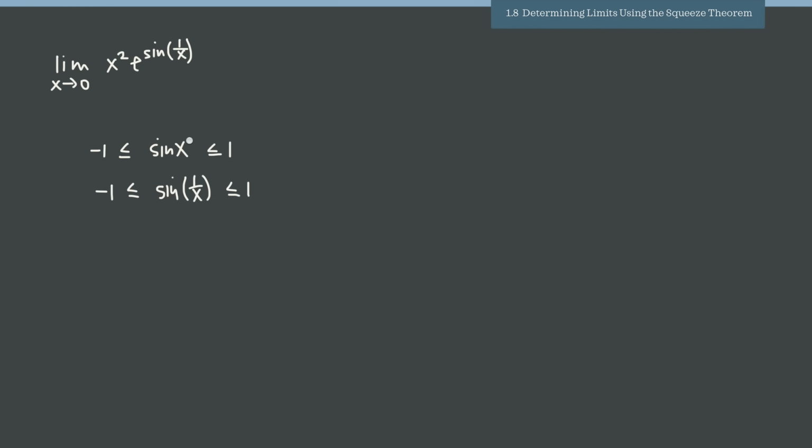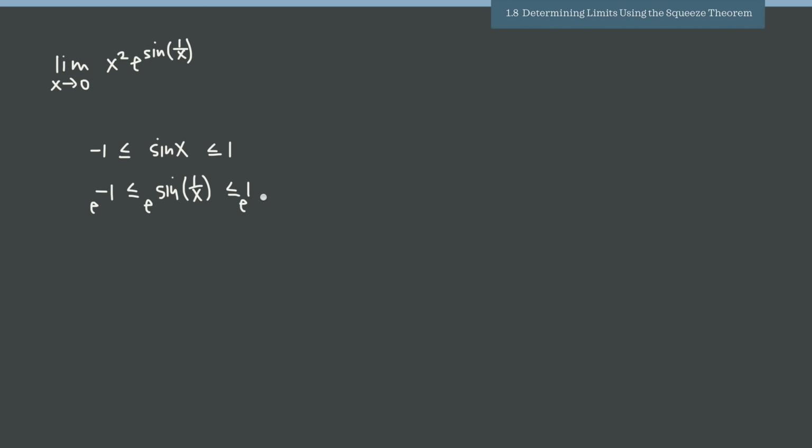Then, what we're trying to do is get this middle function to match exactly our original function. So we want to raise this sine function to the base e, raise this to the base e, and raise this to the base e. Realizing that anything we do to any part of the inequality, we have to do throughout the rest of the inequality. So because we wanted to raise this middle part here to the base e, we have to raise the left and right side to the base e as well.